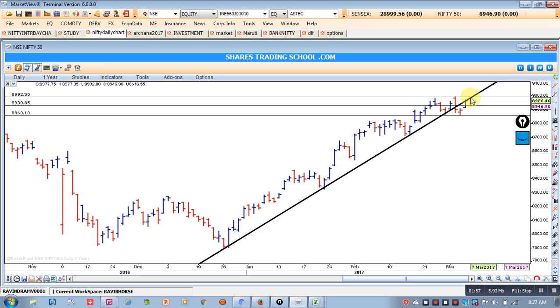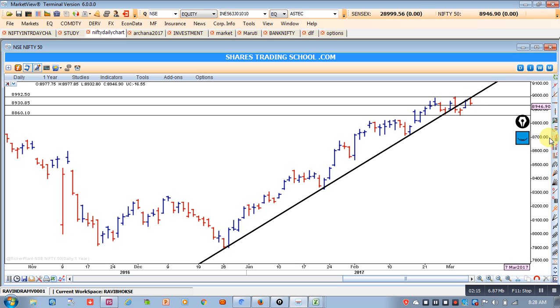So this shows that this trend line, which has acted as a support in the past, has been tested as a resistance. This is a symptom which is not in favor of the bulls, because any support, once it is breached and retested as a resistance, the trend will remain.